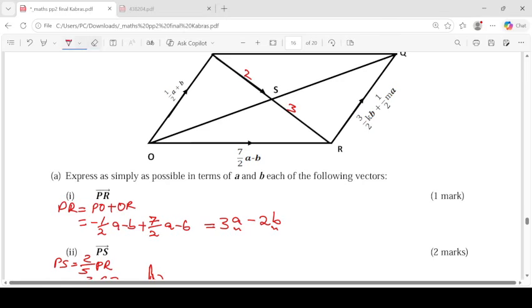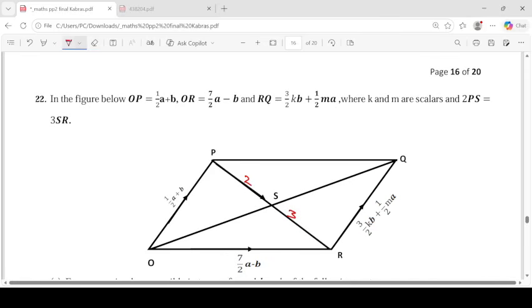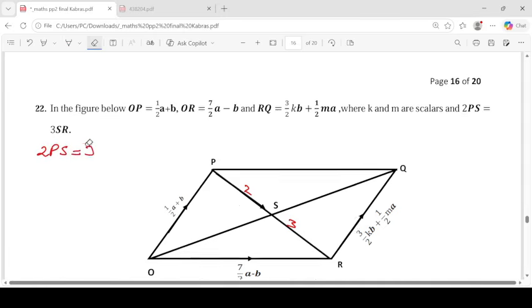Let us come back here where it says 2PS is equal to 3SR.